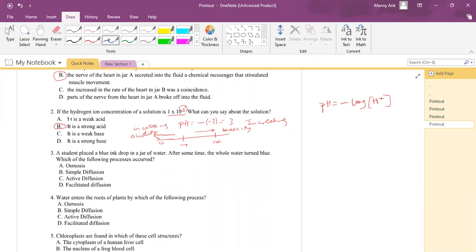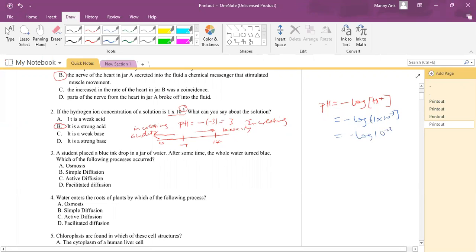Let's just do a quick math and see. So what I'm saying is that this is negative log of 1 × 10 to the power -3. This is the same as negative log of 10 to the power -3. Anything times 1 is the same number. Then if you apply the power rule for exponent, for log, you can bring the exponent in front of the log.